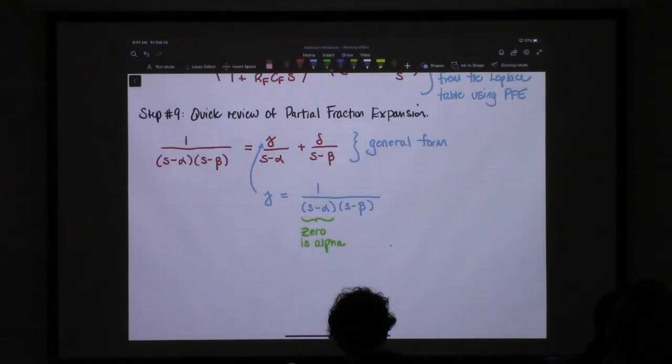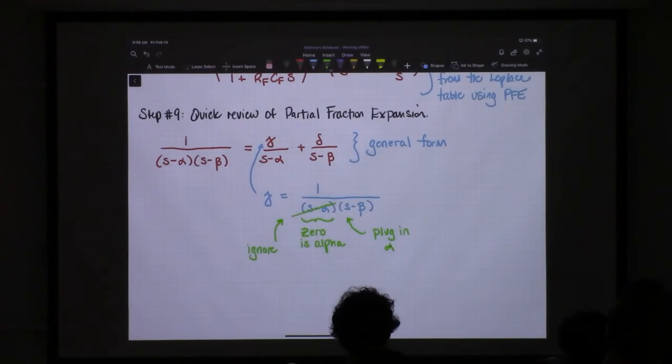So I'm going to ignore that term, and then plug in alpha down here for the s.